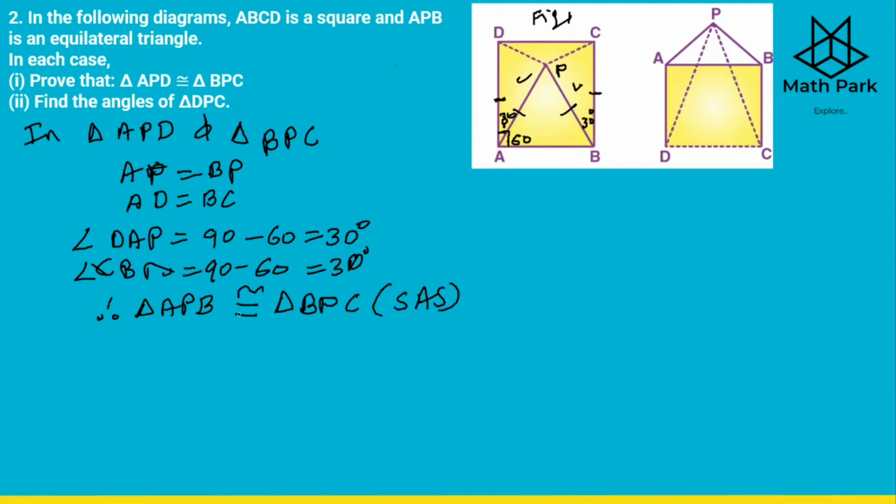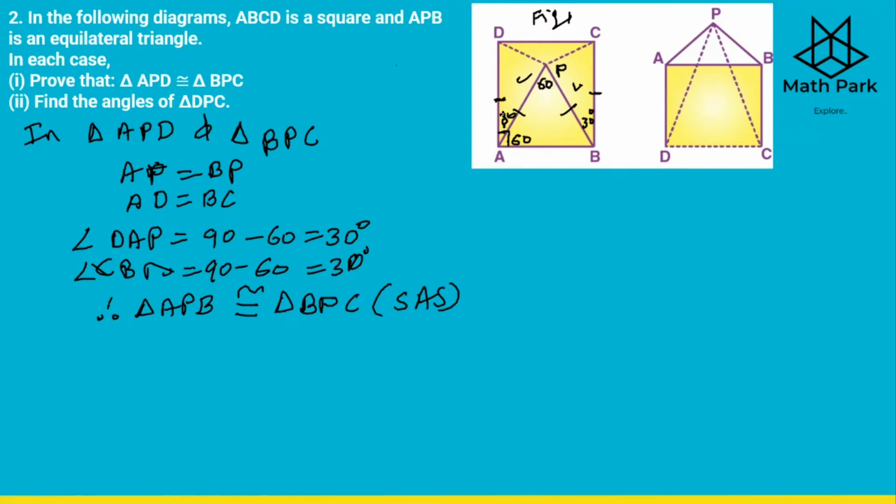Now we have to find the angles of triangle DPC. For finding the angles of triangle DPC, we have this angle as 60 degrees and this 30 degrees. AB is equal to AP and AD is also equal to AP.